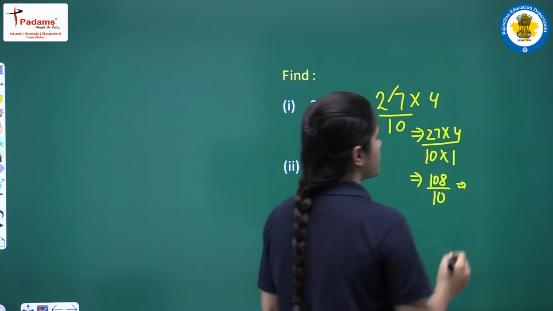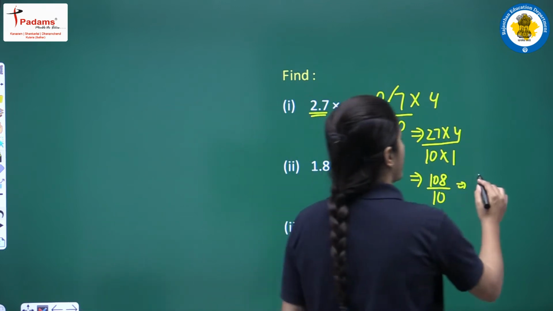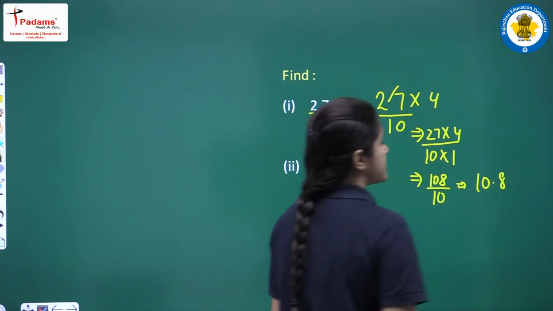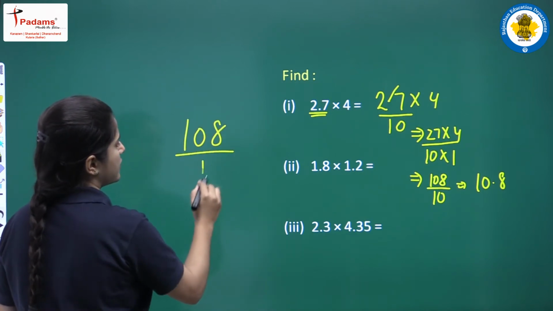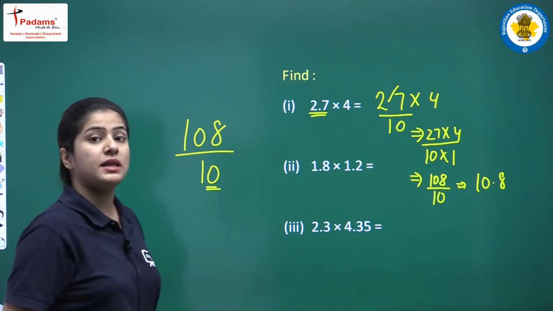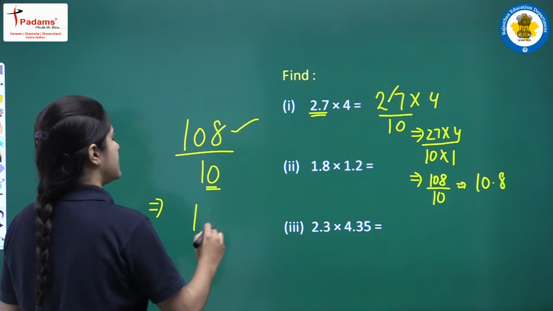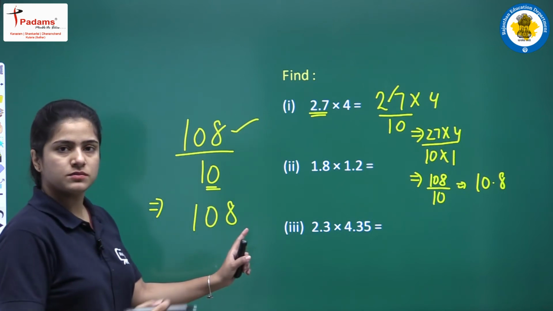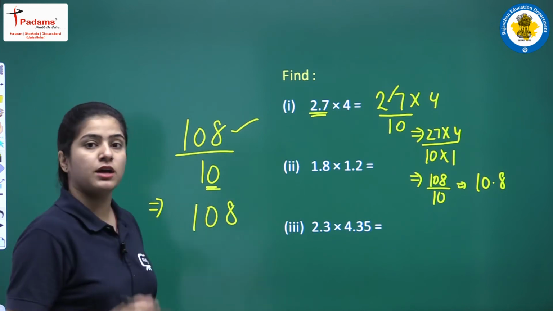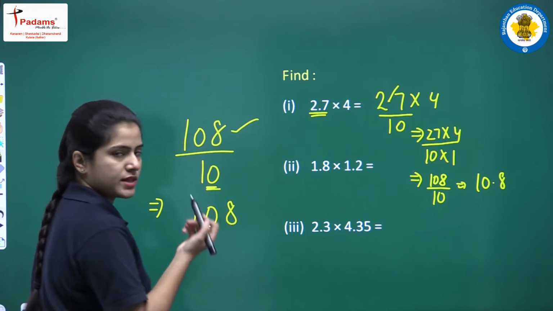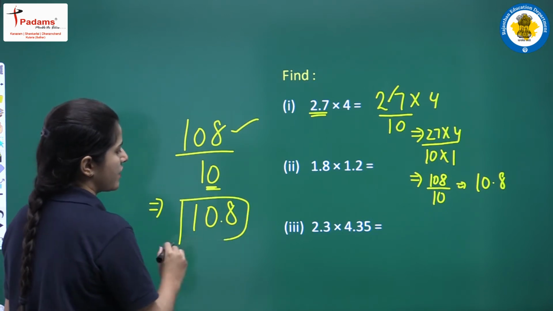So students, if you divide 108 by 10, what is the answer? 10.8, because in the last class we discussed that you check how many zeros there are. 1 zero is there, so keep the number as it is, and from the rightmost side count digits equal to the number of zeros. So 1 digit, and before that 1 digit place a decimal. So this is your answer.